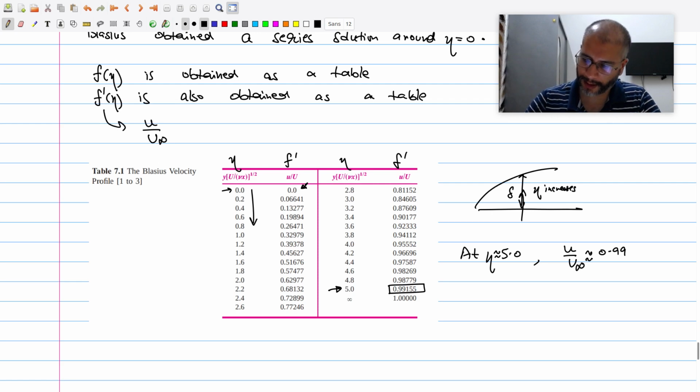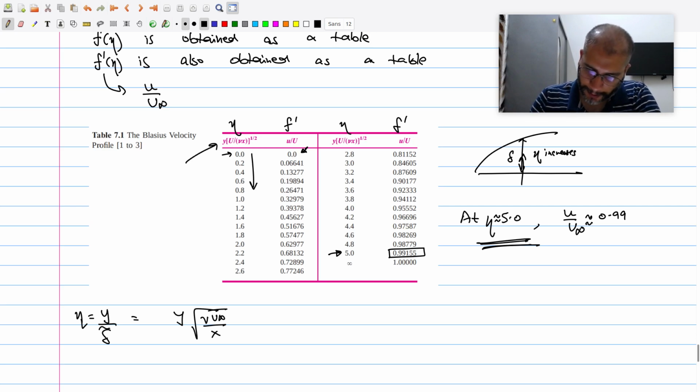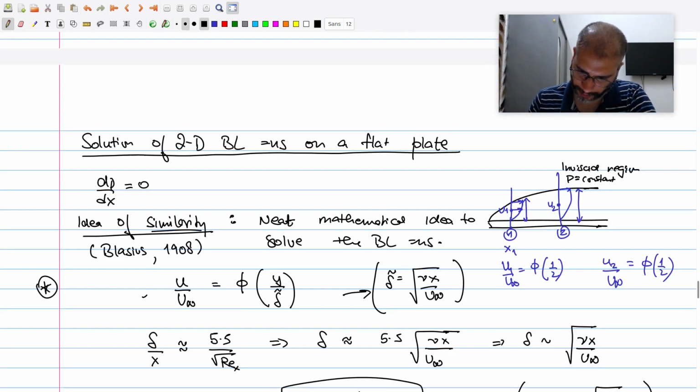So that means that if we were able to calculate the value of y corresponding to this eta value, we've got the boundary layer thickness. Let's go back to our definition of eta. So eta was y upon delta tilde, which was y times square root of u infinity upon nu x, and that's also given here. Have I made a mistake? I think I've been writing the wrong expression for eta.